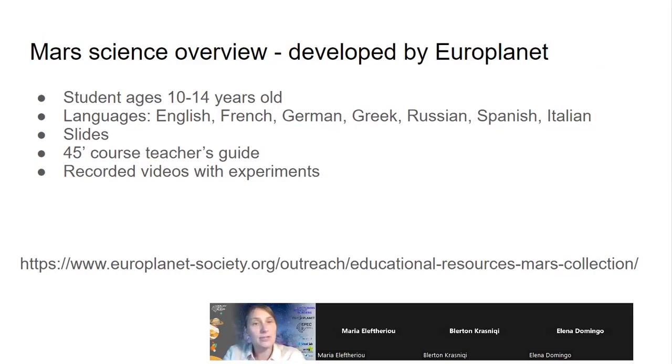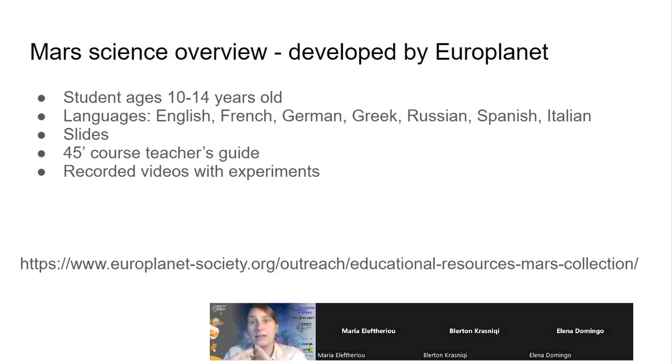So the resources are composed of 2 parts. Basically, there are the slides, which you can download either in PowerPoint form or in PDF, whatever is better for you. And there is an accompanying teacher's guide for a 45-minute course for each of these presentations.